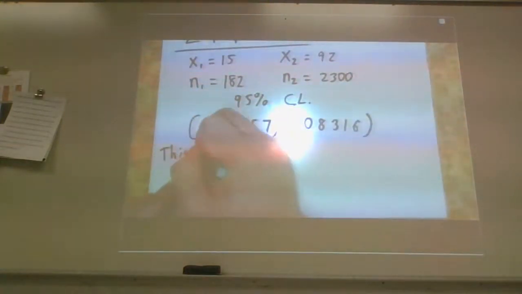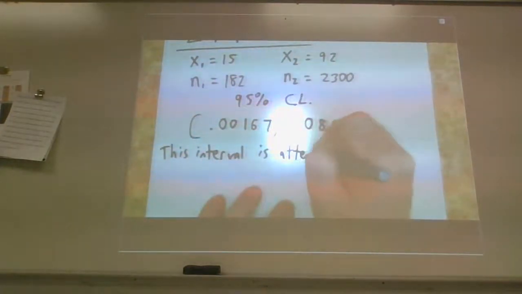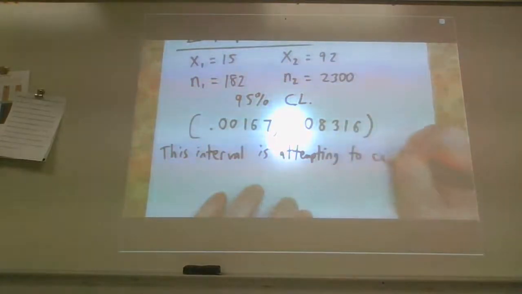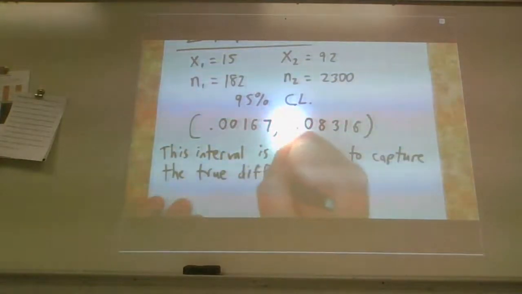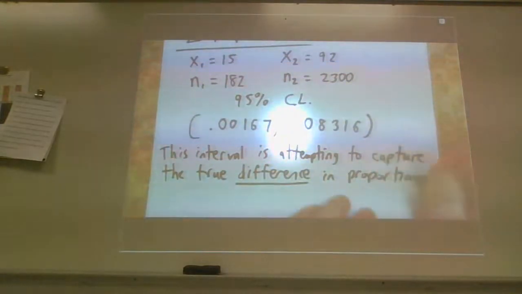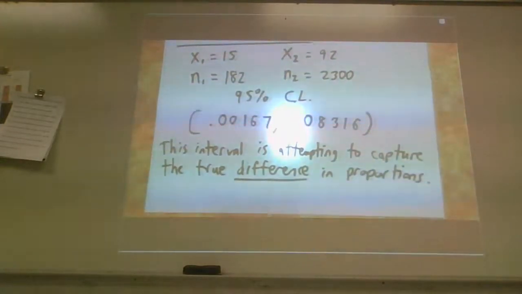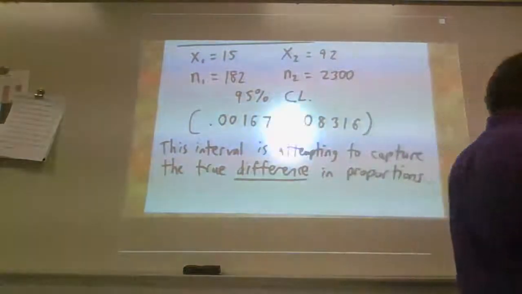This interval is attempting to capture the true difference in proportions. It's taking the 0.08 and the 0.04 and subtracting them as the baseline.